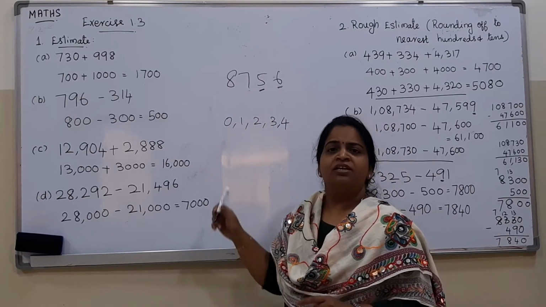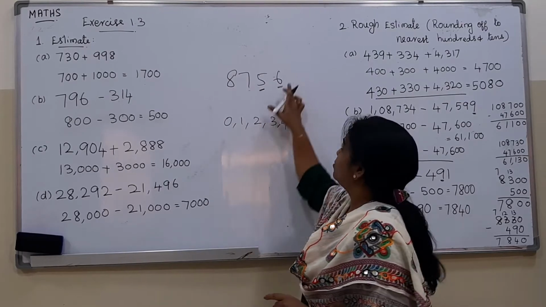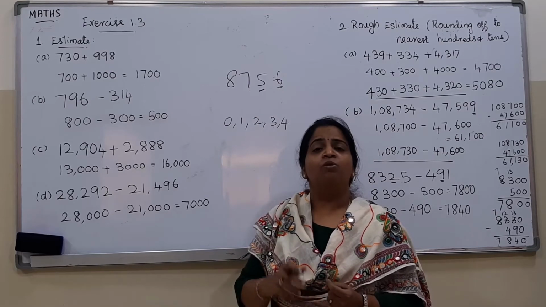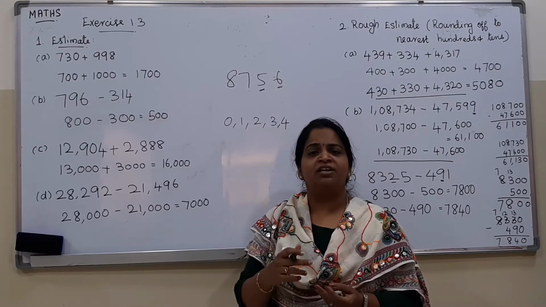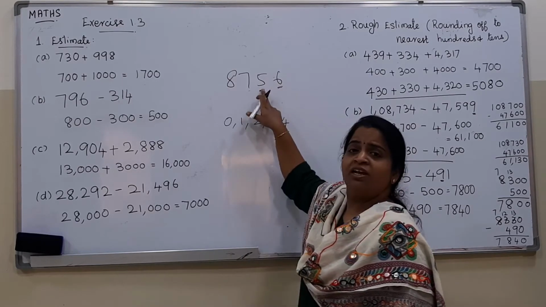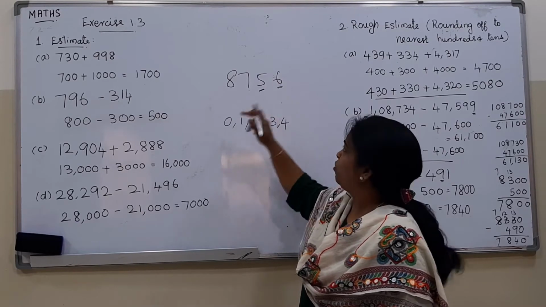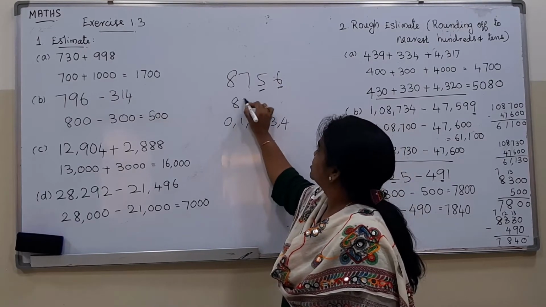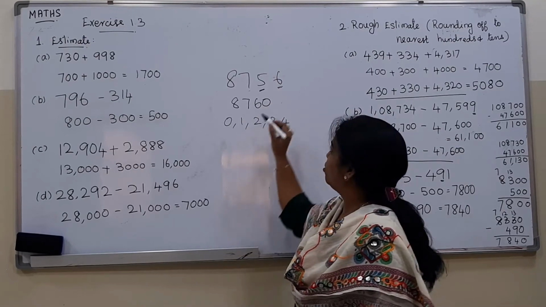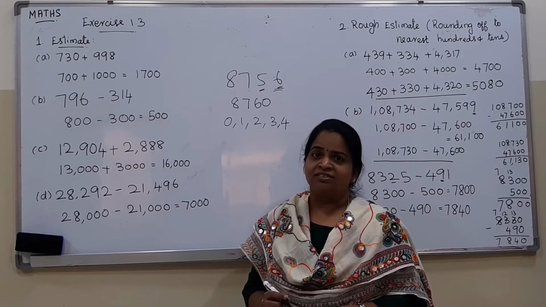If it is 0, 1, 2, 3 or 4, you can leave it and put 0 in the ones place. If it is 5, 6, 7, 8, 9, you add 1 to the number in the tens place, then put a 0 here. So it becomes 8760. This is rounding off to the nearest ten.